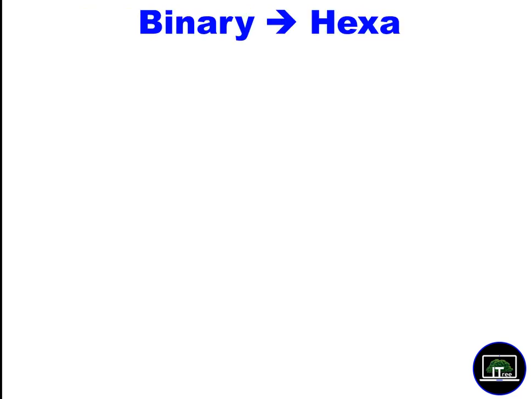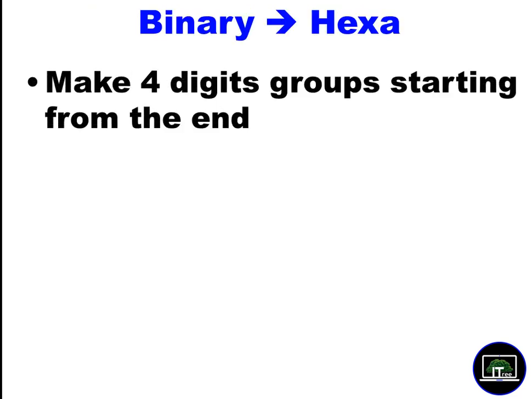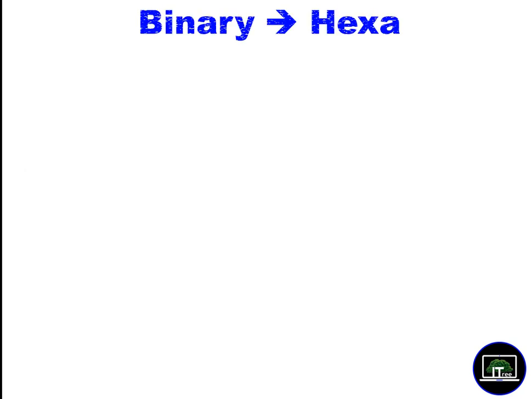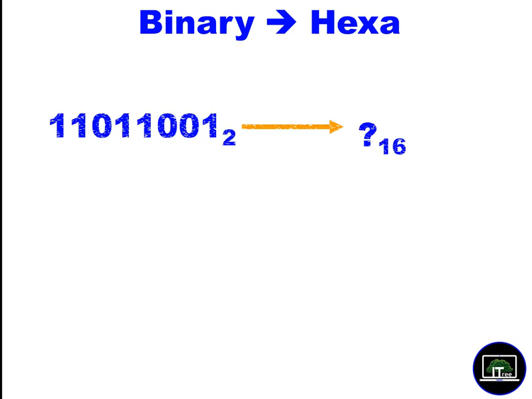Look at this sample. We are making 4-digit groups starting from the end, then writing the hexadecimal equivalent of each. We are converting 11011001 from binary to hexadecimal. Make the groups of 4 digits, and you can use that tip.